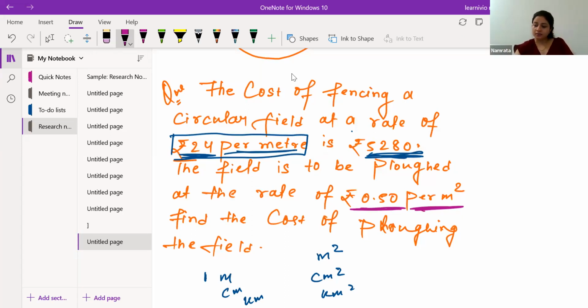Any confusion? No. That is what exactly the question is asking. The field is plotted at the rate of 0.50 per meter square. That means the middle part of the circle, this part of the circle, the plotting is going on, and that price is 0.50 per meter square. Okay, find the cost of plotting the field. So let's continue.